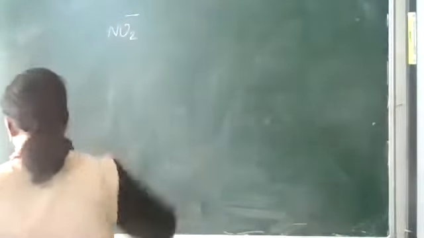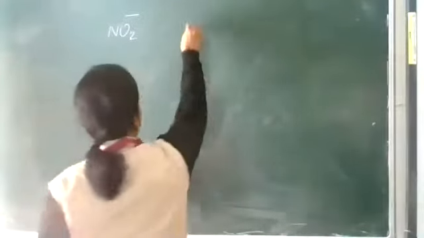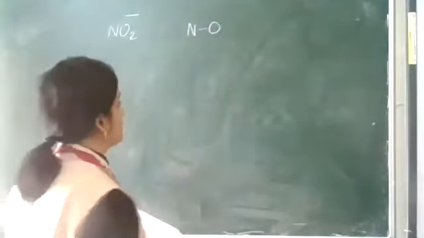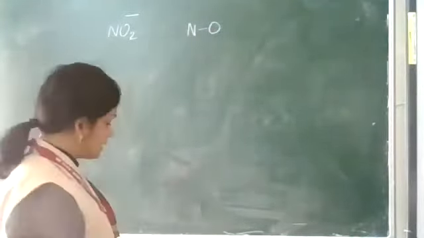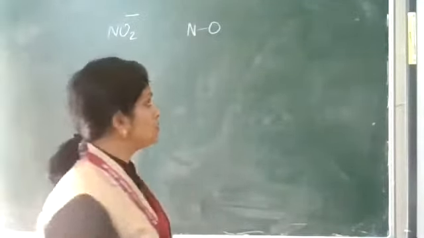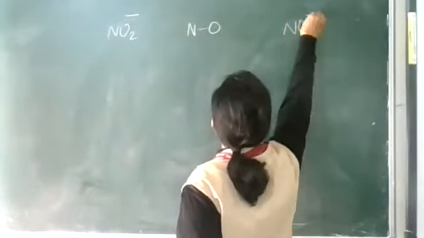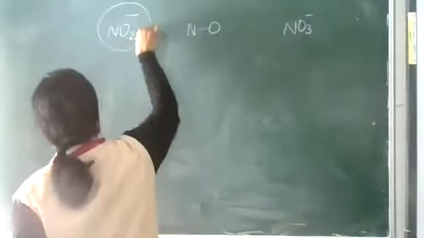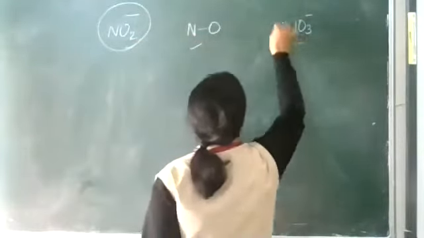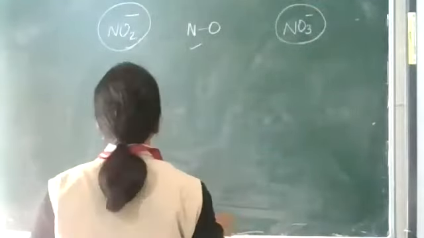In NO2 minus, the NO bond length is smaller than the NO bond length in NO3 minus.